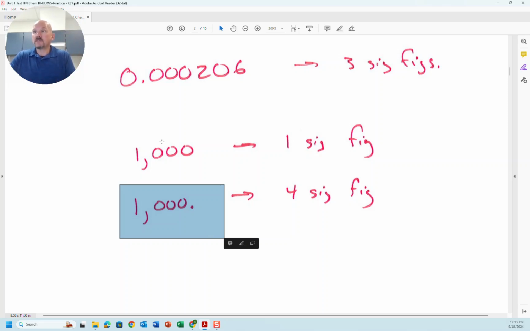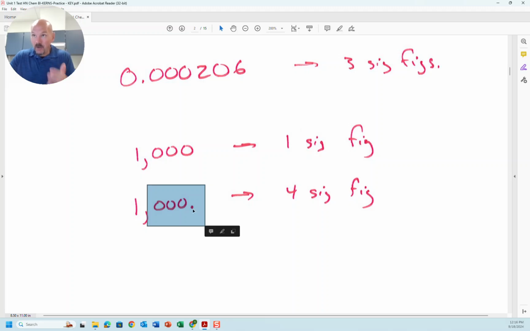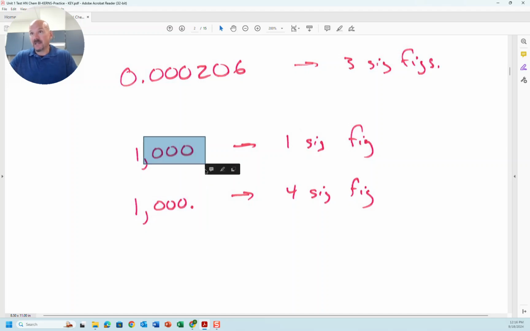What's the difference? Trailing zeros, and I didn't write the decimal point. Trailing zeros, and I did write the decimal point. So me putting the dot on the piece of paper makes these 3 zeros significant. Not having it there makes these 3 zeros not significant. So 1,000 expressed with 1 sig fig, 1,000 expressed with 4 sig figs.